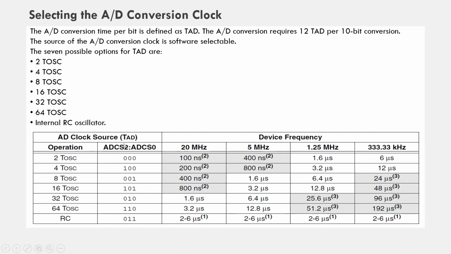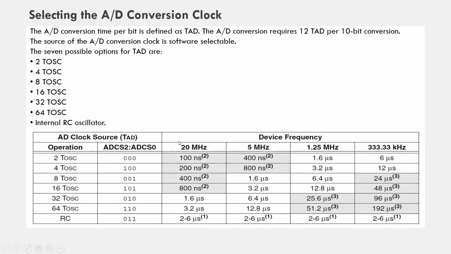You can see here this is the AD clock source, that is TAD, and this is the device frequency. If the operation is at 2 times TOSC, then ADCS2 to ADCS0 should be selected as 000.